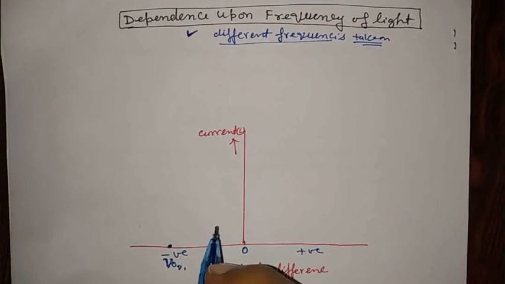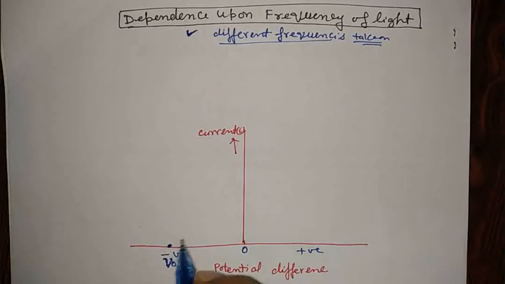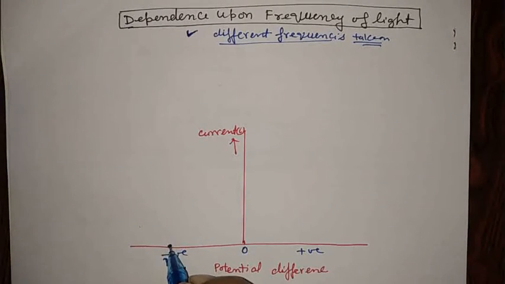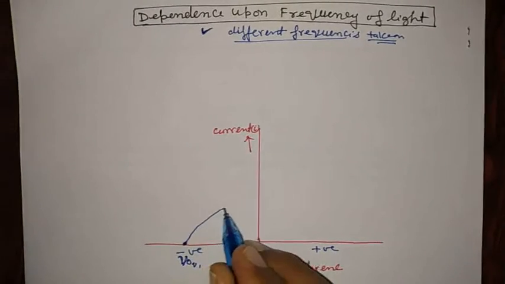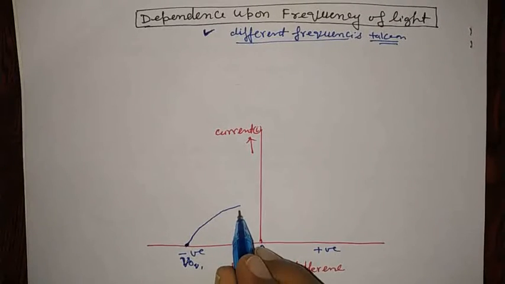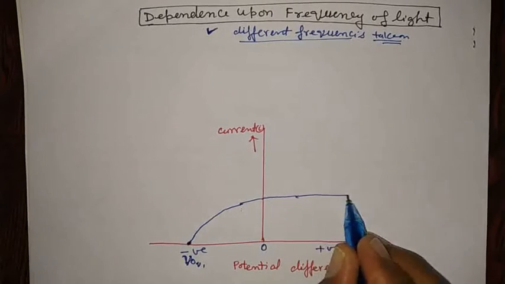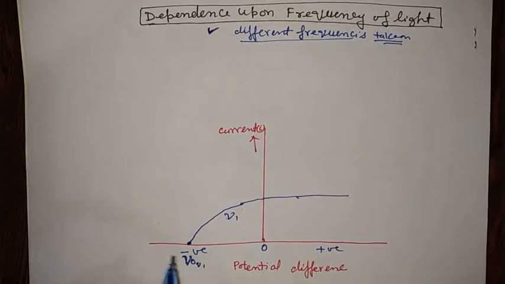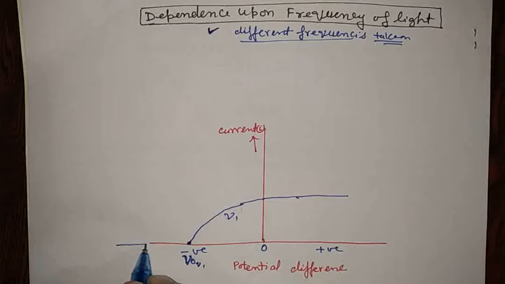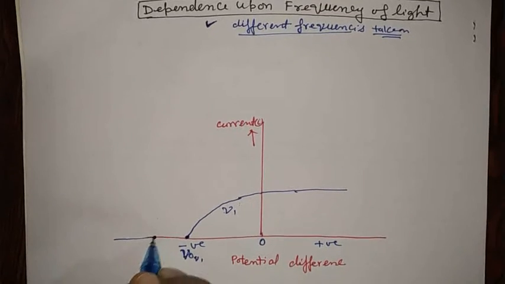This is the stopping potential at plate P2, and the graph is obtained in this way. With increasing voltage, the photocurrent is formed. It is for nu 1. Now when the frequency is increased, the stopping potential increases.